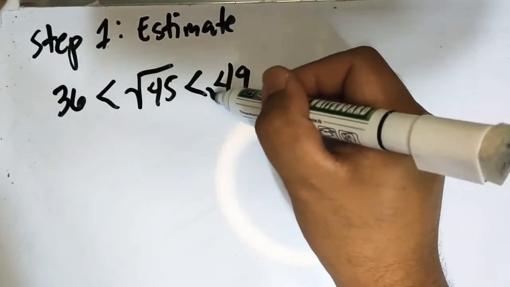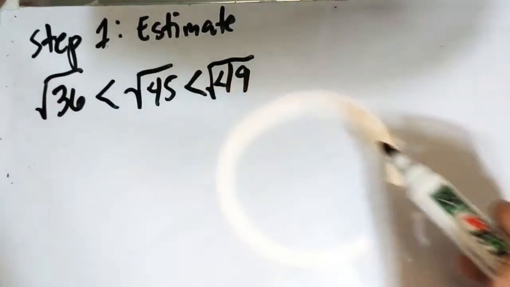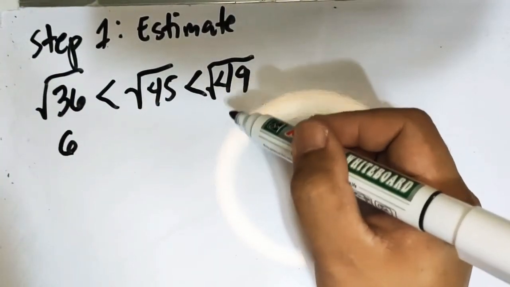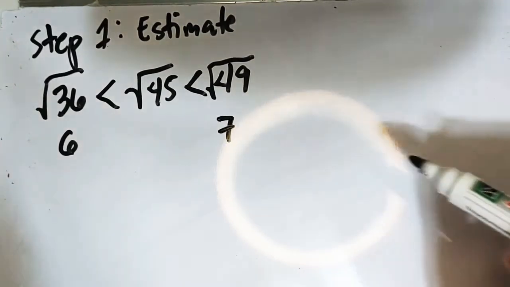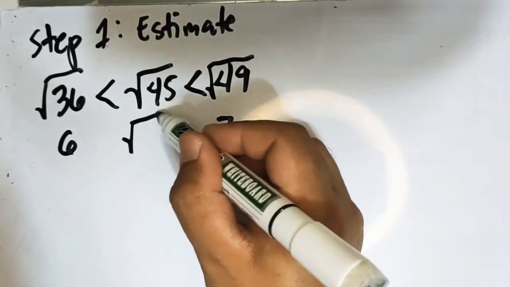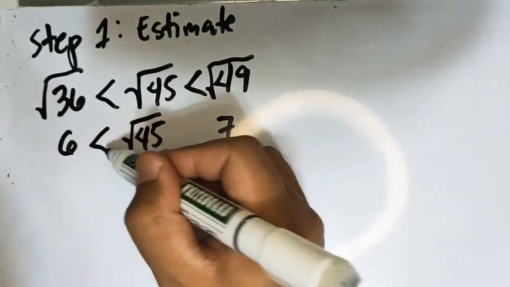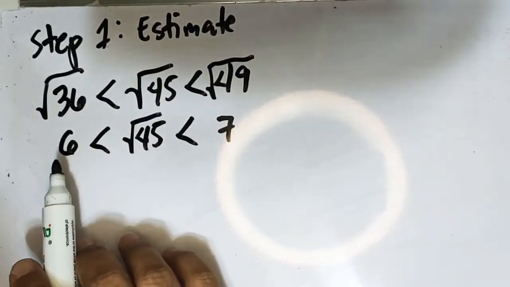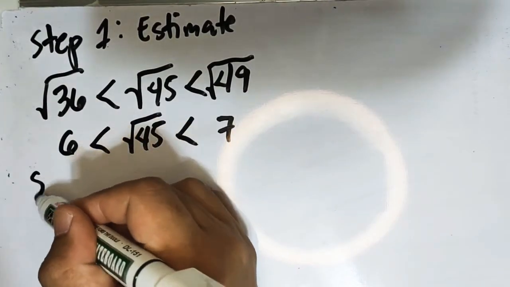Okay? So, kukunin ngayon kanilang principal root. Ang principal root ng 36 ay 6 at ang 49 naman ay 7. So, square root of 45 is greater than 6 but less than 7. So, nasa pagitan siya ng 6 at 7.